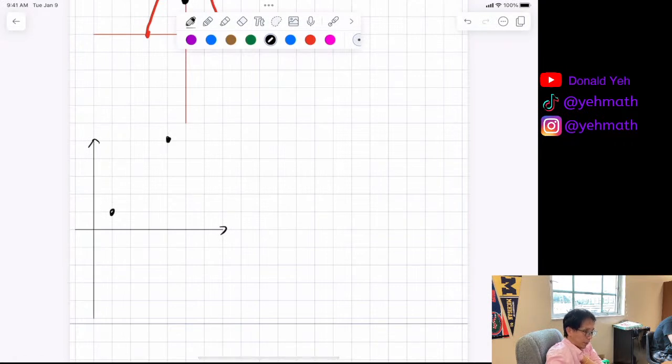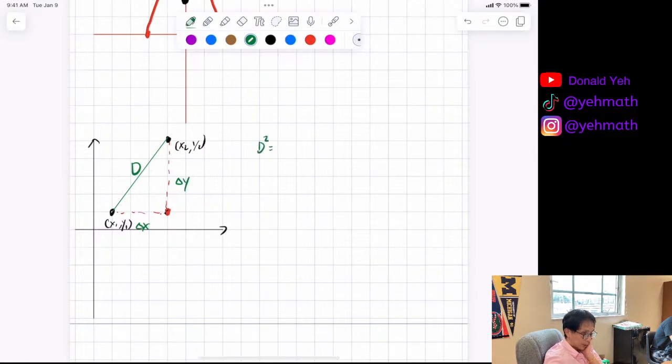Imagine I have a point here, I have a point here. This is x1, y1, and this is x2 and y2. Imagine that I want to find the distance between 2 points. The best thing is to create a right triangle. This right triangle is based on this point and this point, and the point of interest is the green line from here to here. I want to find the green line. But the green line is the distance between the two, and this is a change in x, and this is a change in y.